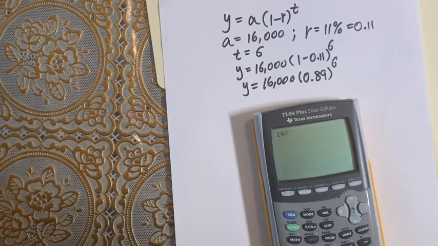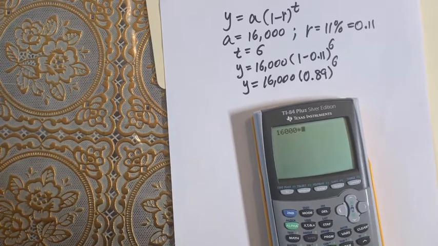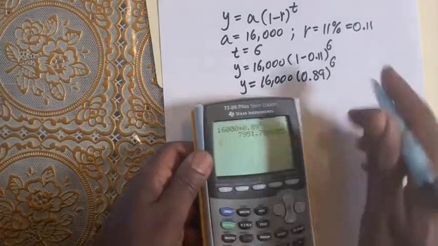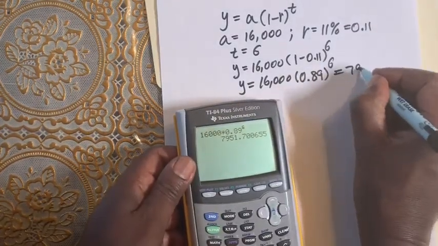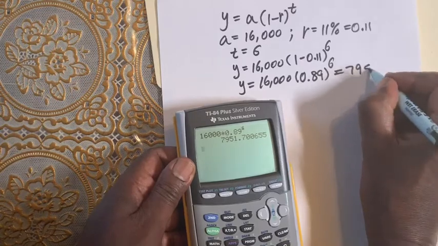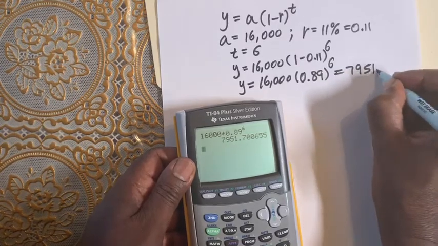Okay, so 16,000 times 0.89 to the power of 6. This gives 7,951.70.